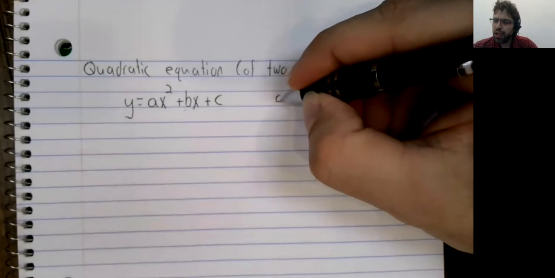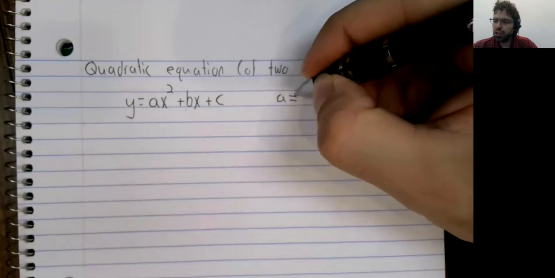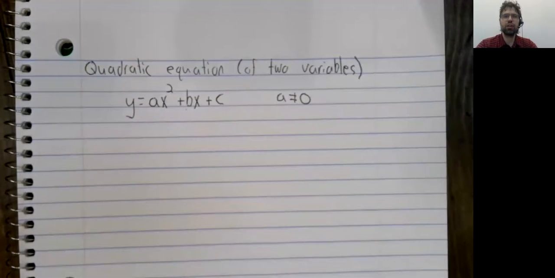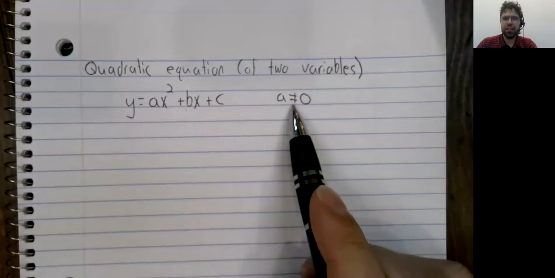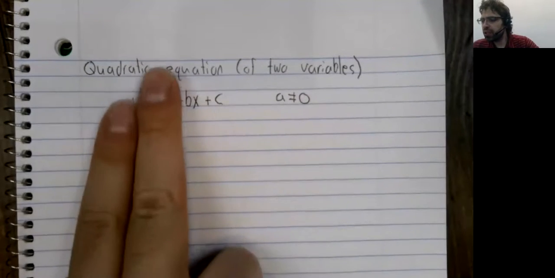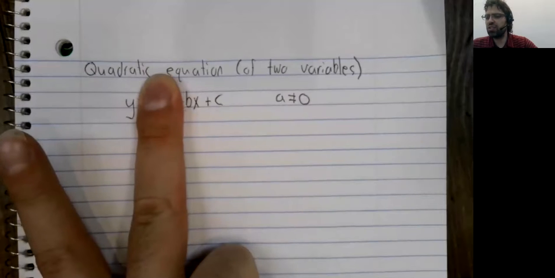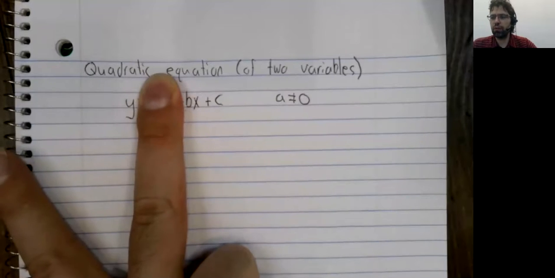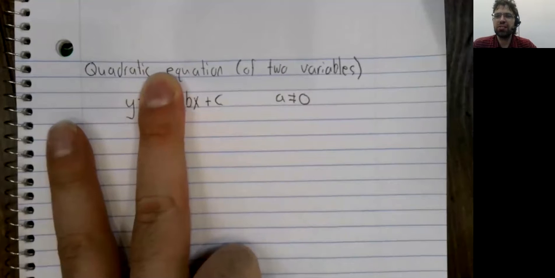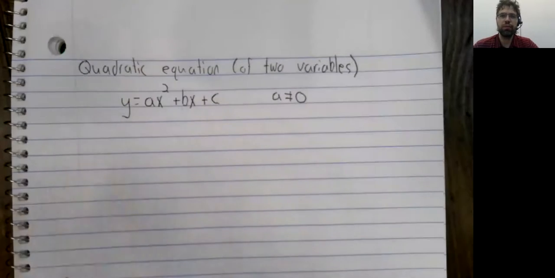constants. And the only restriction we have here with this parabola, with this quadratic, is that a is not allowed to be 0, because if a were 0, that term would just go away, and this is linear.